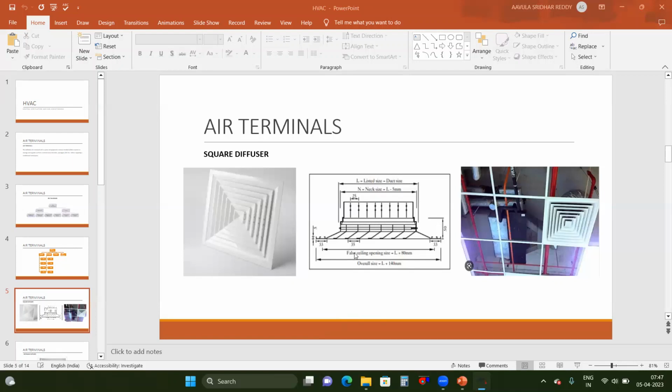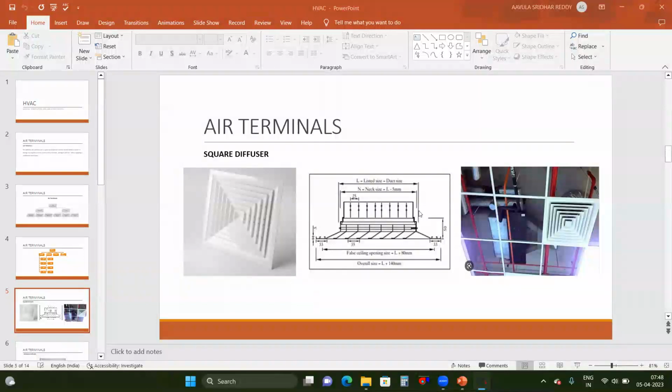Okay. So this is the false ceiling size. So what is the false ceiling size? That we need to take. And next one is the neck size. So this we call the neck size, from here to here. So this neck size is the main size of the diffuser.